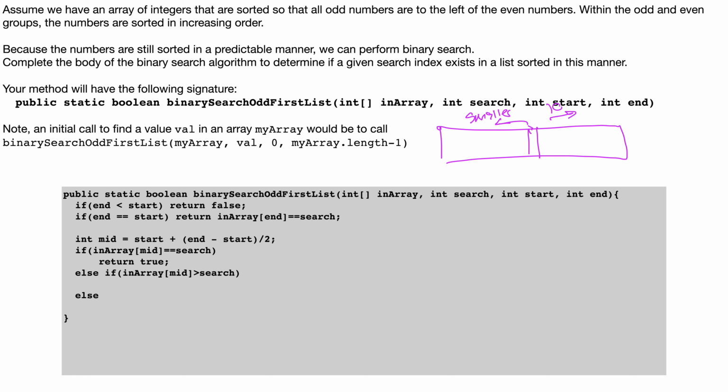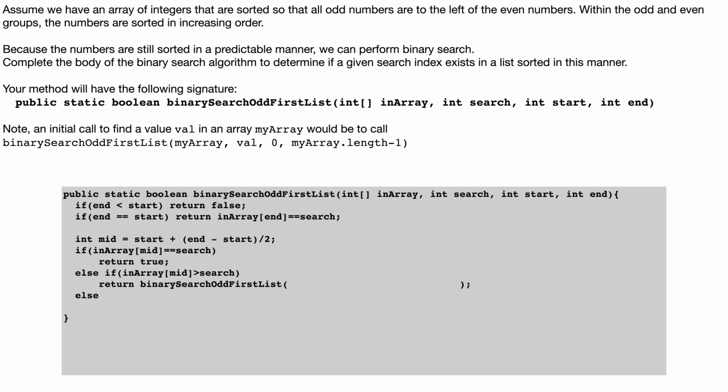If it's larger, it has to be there. So this one is the smaller side. And in that case, we just need to make a recursive call on this one. So a recursive call on binary search odd first.